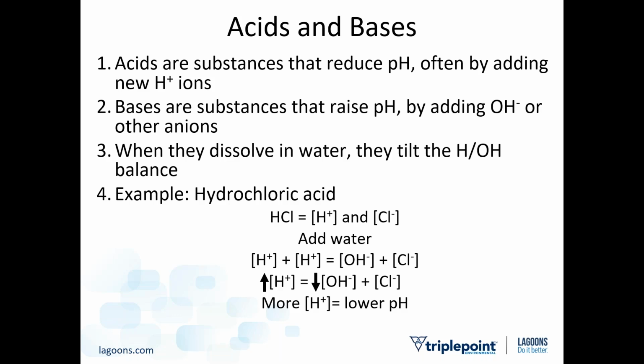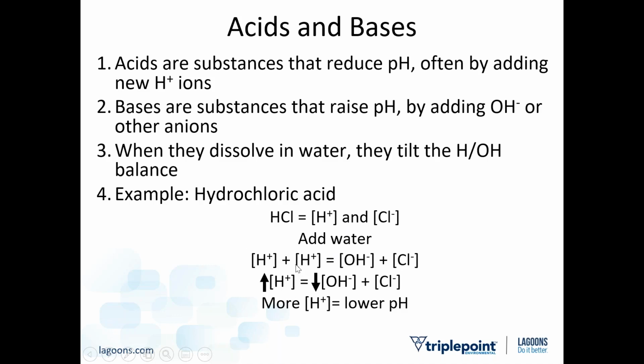We've got hydrochloric acid, HCl. When that dissolves in water, it breaks up into H+ and Cl-. You'll notice, unlike NaCl from our previous slide, Cl- is the same, but it's pretty neutral. It's just sitting over here being negative. But this H+ that it's adding to the water, when we add that to the water that already had H+ and OH- in it, we've got way more H+ now.